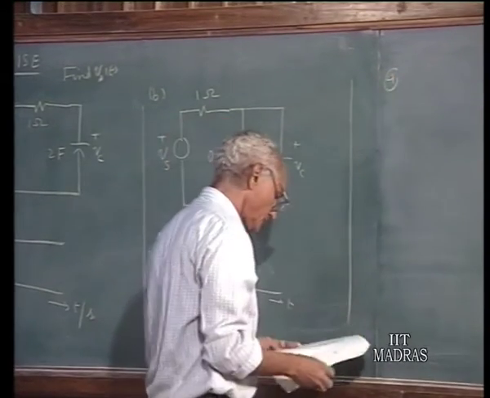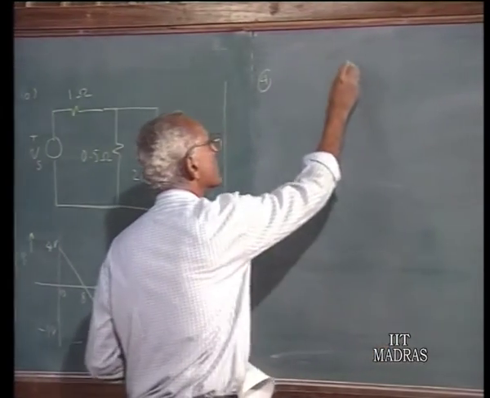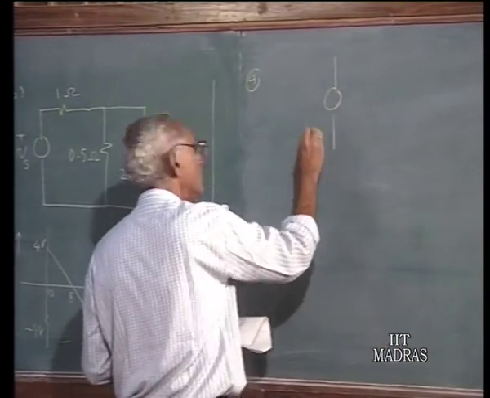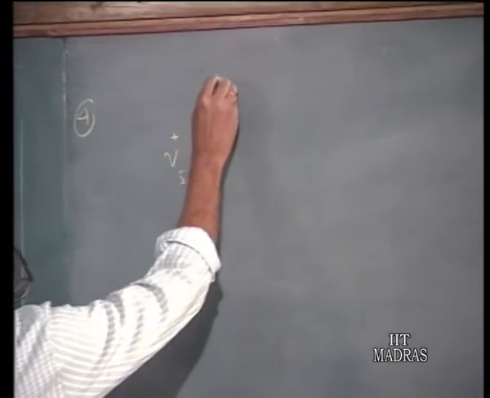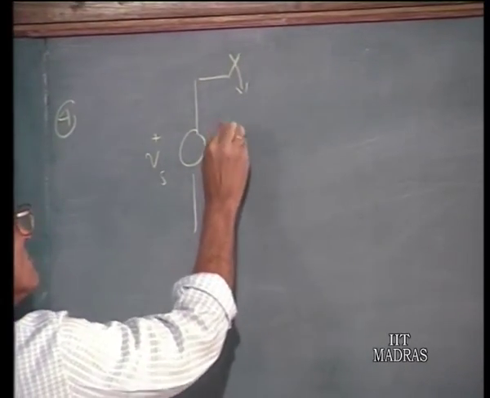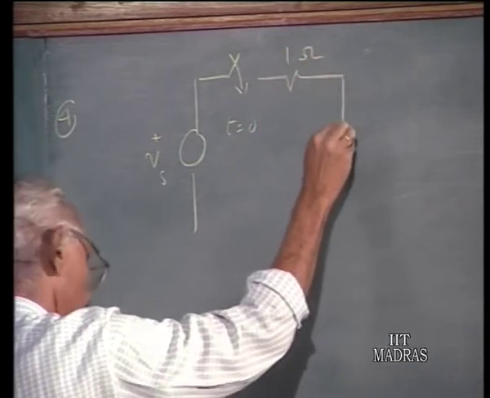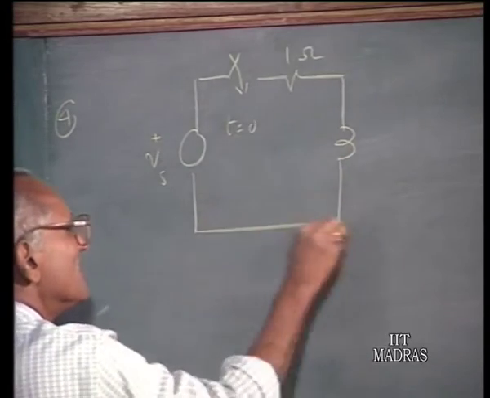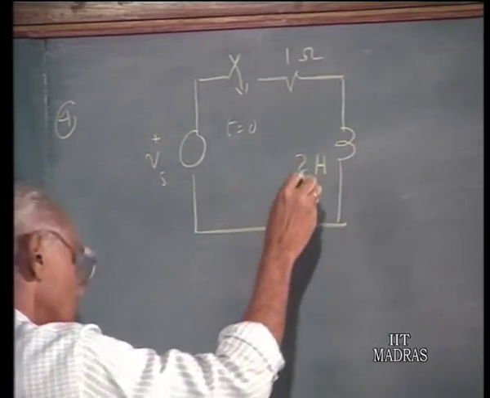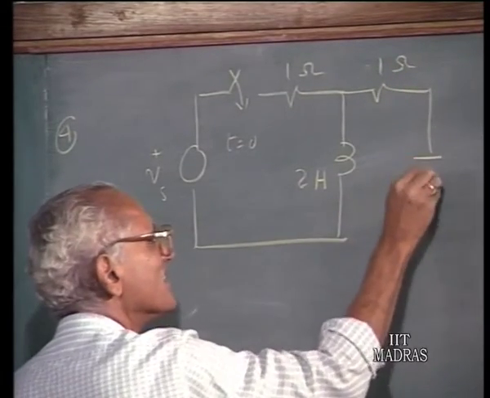The fourth problem, let us take a circuit in which a switch is closed at t equals 0, 1 ohm, 2 Henries, 1 ohm and 2 farads.